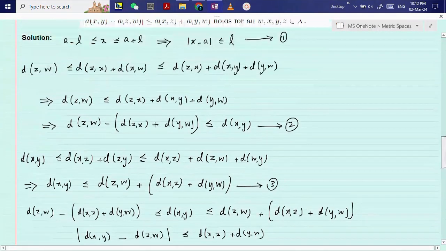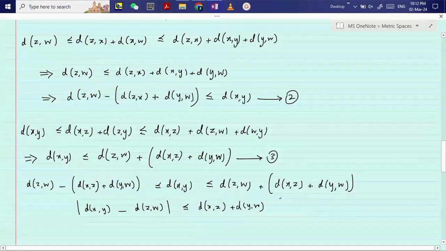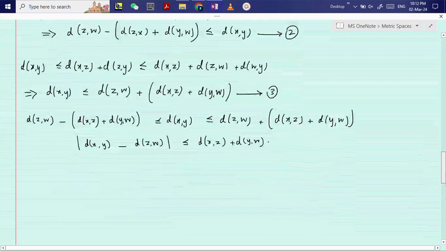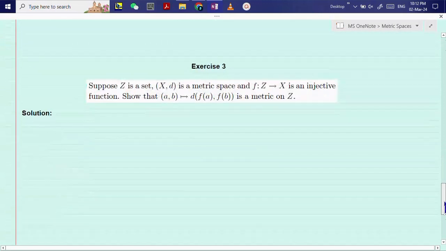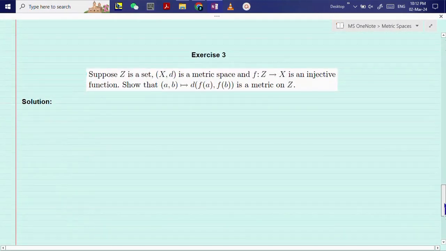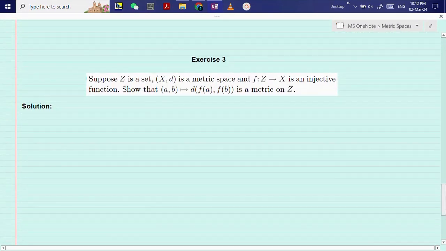Now we solve the third exercise. Our third exercise is, suppose Z is a set and (X,d) is a metric space, and f from Z to X is an injective function. Injective means one-to-one function.